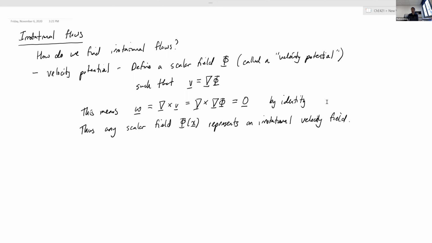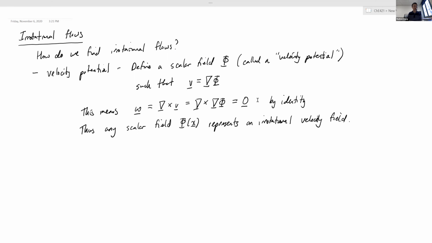Okay? Because it turns out that if you just take a derivative to get the velocity field, then that velocity field, by definition or by identity, has to be irrotational because the vorticity is equal to 0 everywhere.